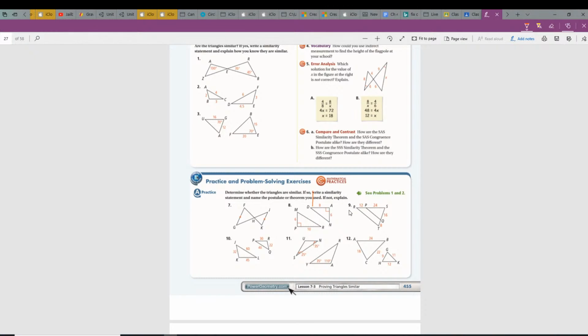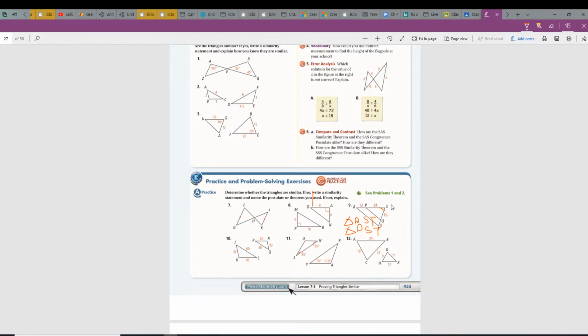So we have triangle RST, and we have triangle PST, and they correspond. And we have angle S, which is actually a reflexive angle, meaning they share that angle. That angle is congruent in both triangles.